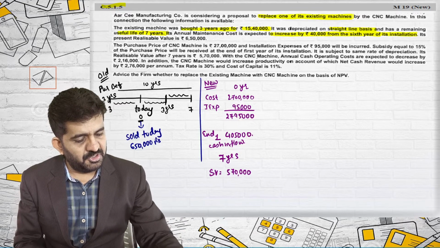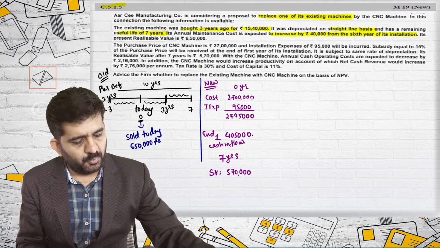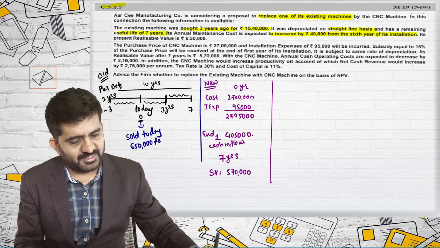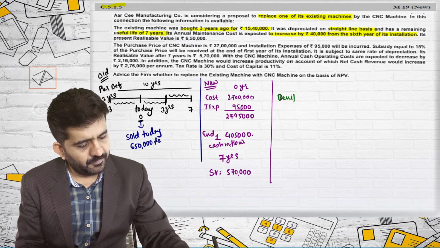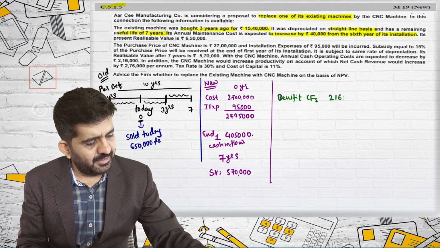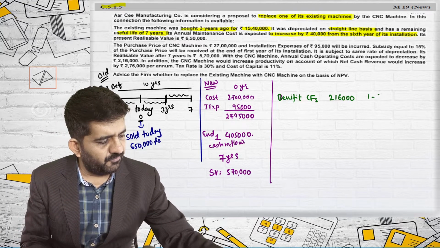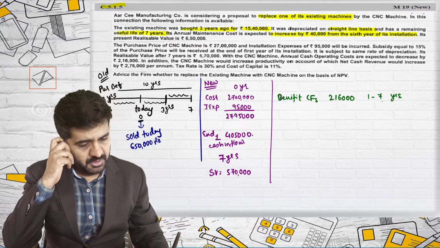With the CNC machine, annual cash operating costs are expected to decrease by 2,16,000. So there will be a benefit in cash flows of 2,16,000 from 1 to 7 years. This is the reason why you are purchasing new machine.